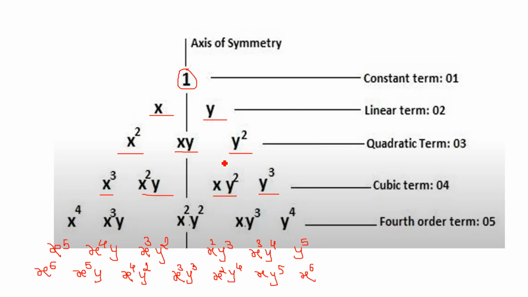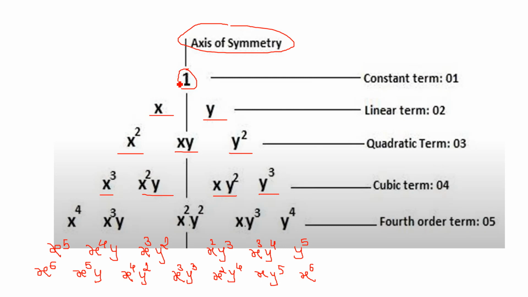First, always maintain the symmetry of the triangle while selecting the terms, and second, always select the elements which are nearer to the axis of symmetry. This vertical line represents the axis of symmetry. Always select the element which is nearer to the axis of symmetry.